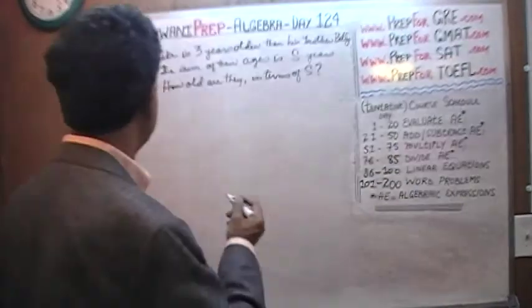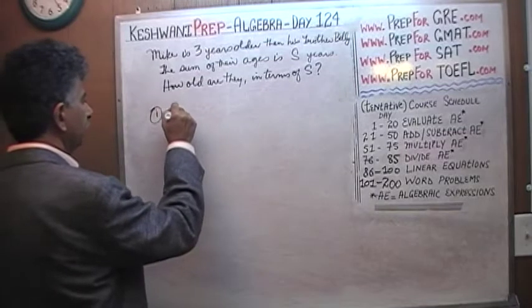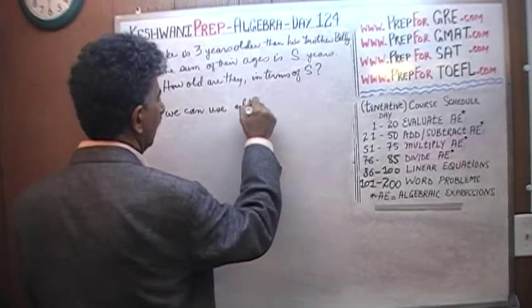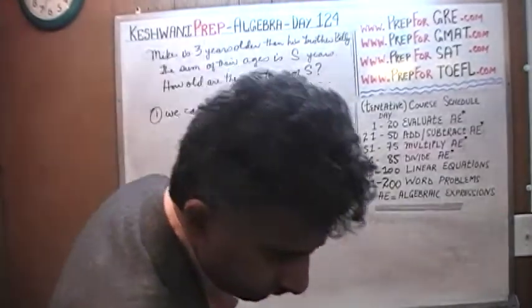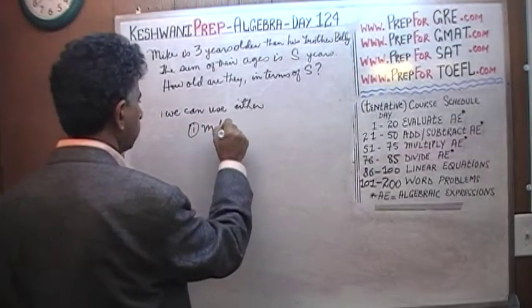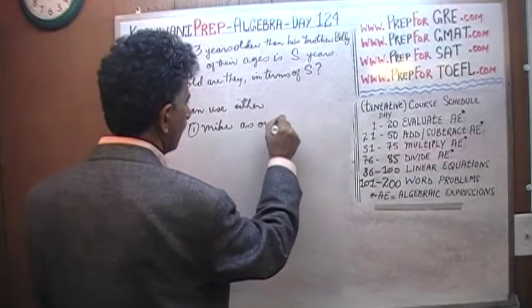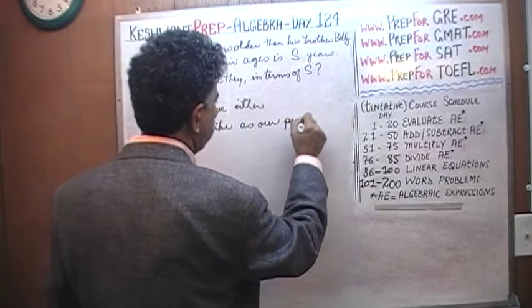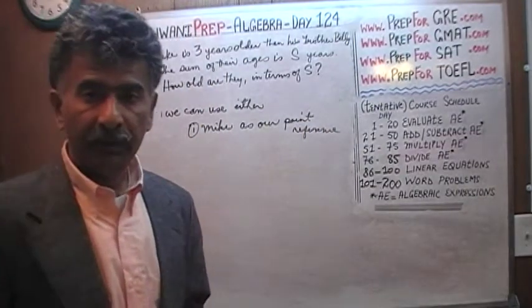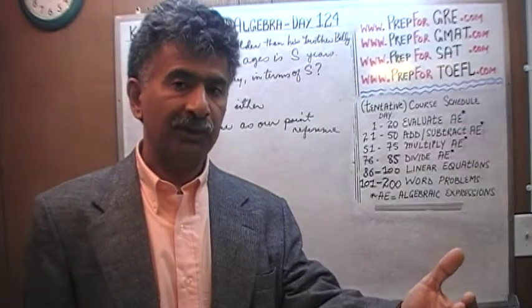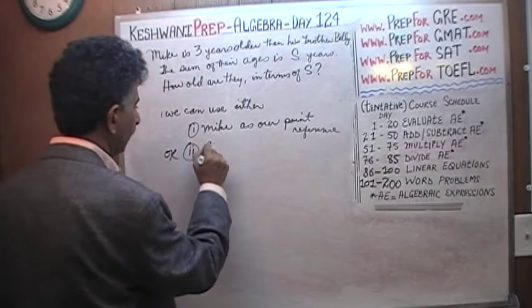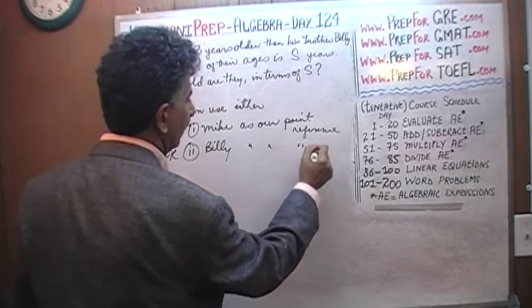We can use either Mike as our point of reference and talk about how Billy compares to Mike, or we can use Billy as our point of reference.